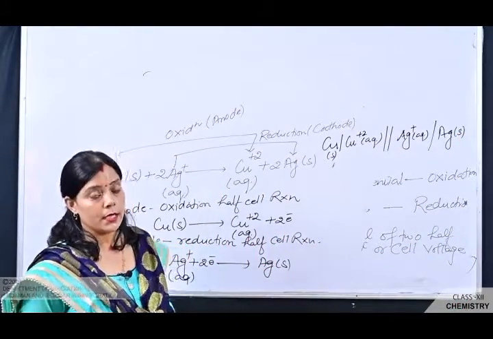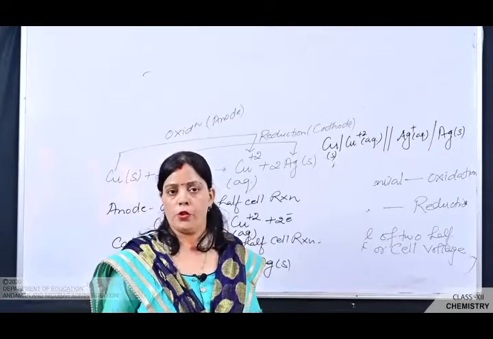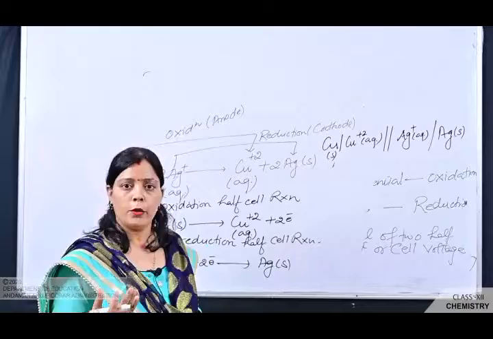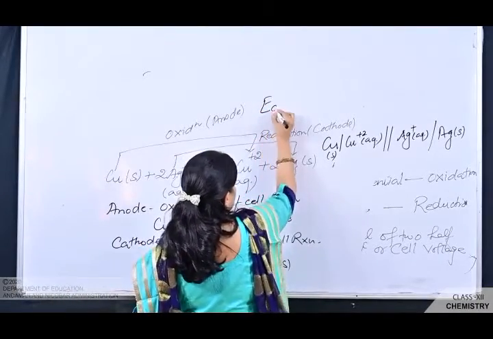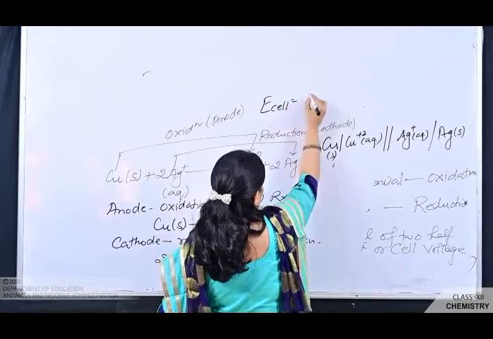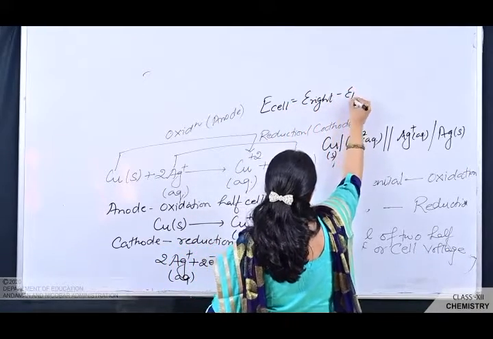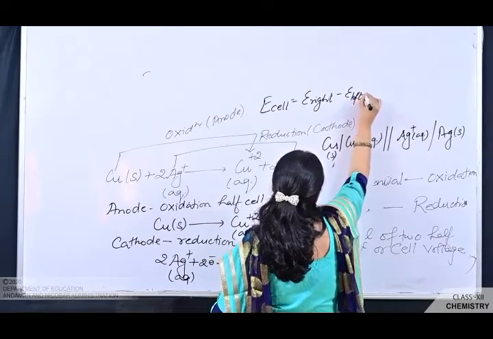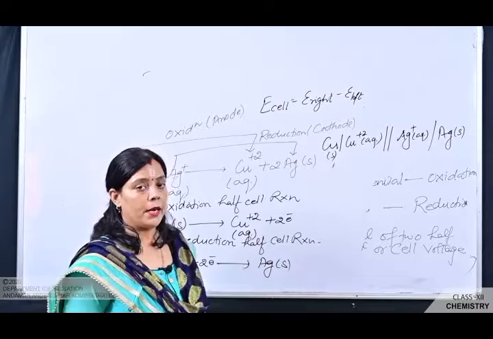So in this case, we can simply calculate the electromotive force, or the E cell, for this cell by using the formula: E cell is equal to E right minus E left. Then how can we write the E right minus E left?